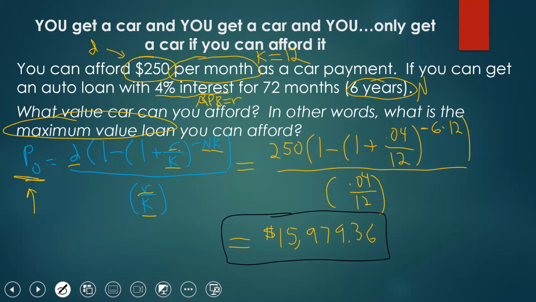Okay. Now here's the thing about this. Since this is a loan, we're going to have to pay this back. But most likely we're borrowing the money because we don't have that total amount of money, so we can't just pay it back right away. Because of that, there's going to be interest, and we're going to pay back over time. And so we'll actually end up paying back more than the value of what we borrowed.